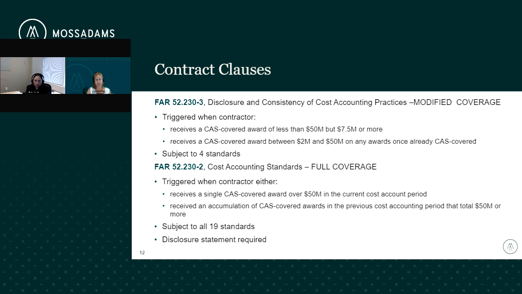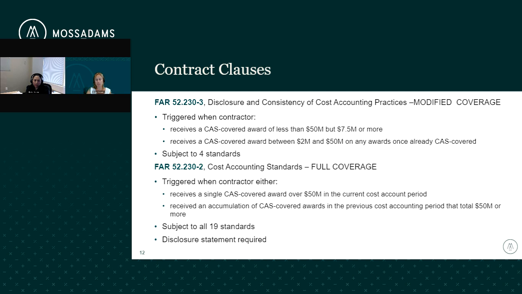The other clause to make note of is FAR 52.230-2, and that's going to be the full coverage clause. That's going to be triggered when a contractor receives a single CAS covered award over 50 million in a cost accounting period, or if they've received an accumulation of CAS covered awards that total 50 million or more.